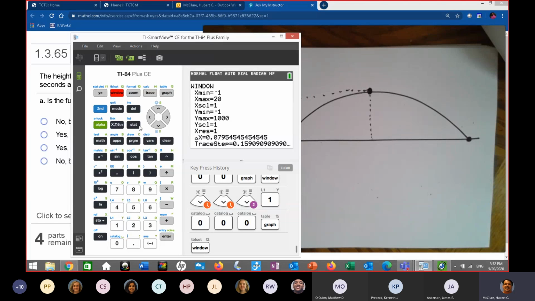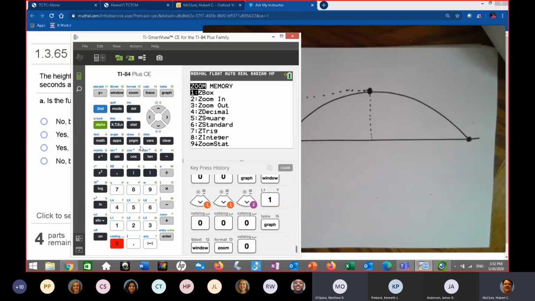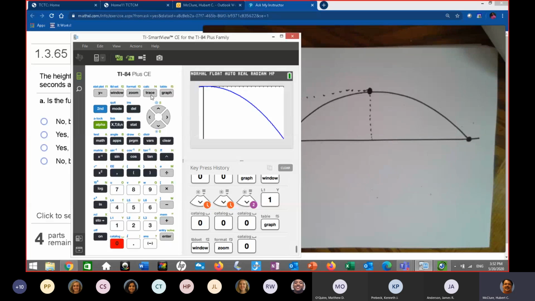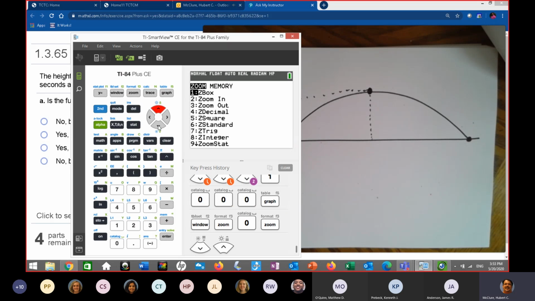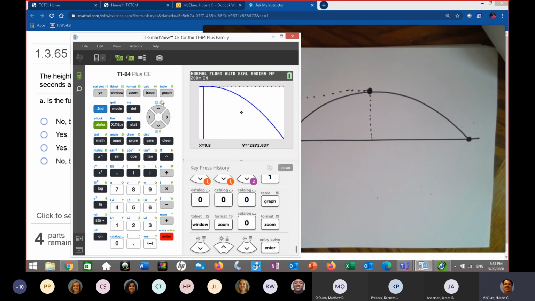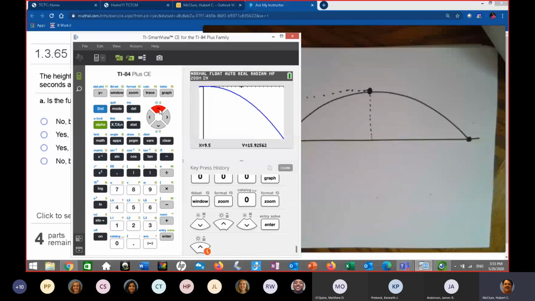I did this like 3 times before class, and it gave me a nice graph. And I do it in the middle of class, and it gives me a crazy graph. I know why it's doing it, because I'm using the answer for another problem. My other problem gave me a y of 1,000 and something, and that's what's wrong. So I'm going to zoom in manually and put my vertex right in here.